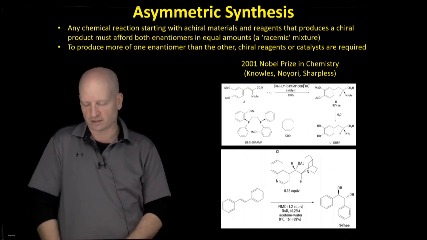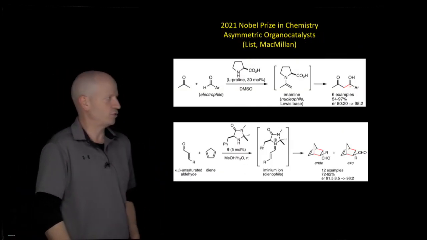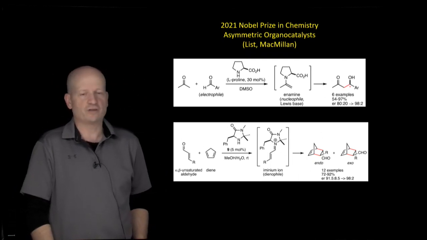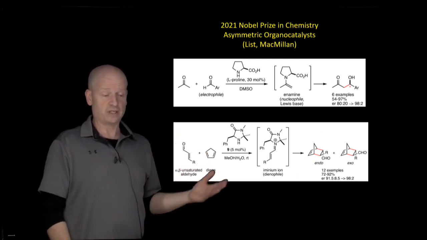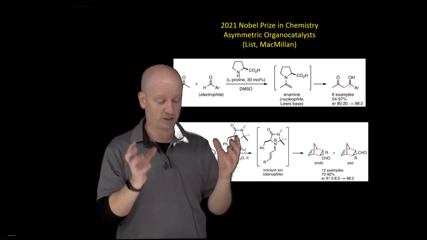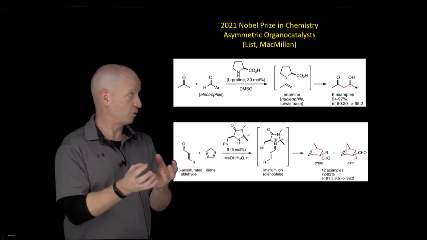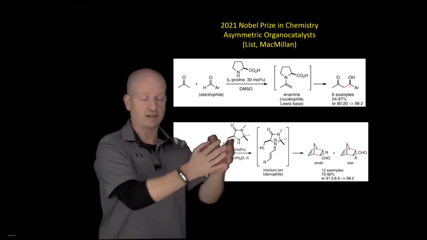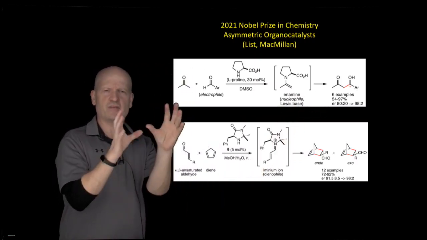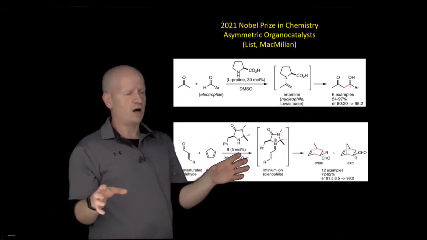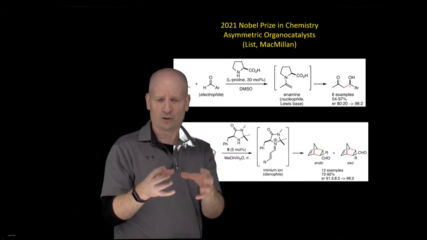A little more recently, another Nobel Prize was awarded to List and Macmillan for developing asymmetric organocatalysts. And so doing, again, conceptually the same thing where you're taking achiral starting materials and you're making chiral products, but you're making more of one enantiomer than the other. But instead of having metal catalysts, they're doing it with organic molecules that are the catalysts.